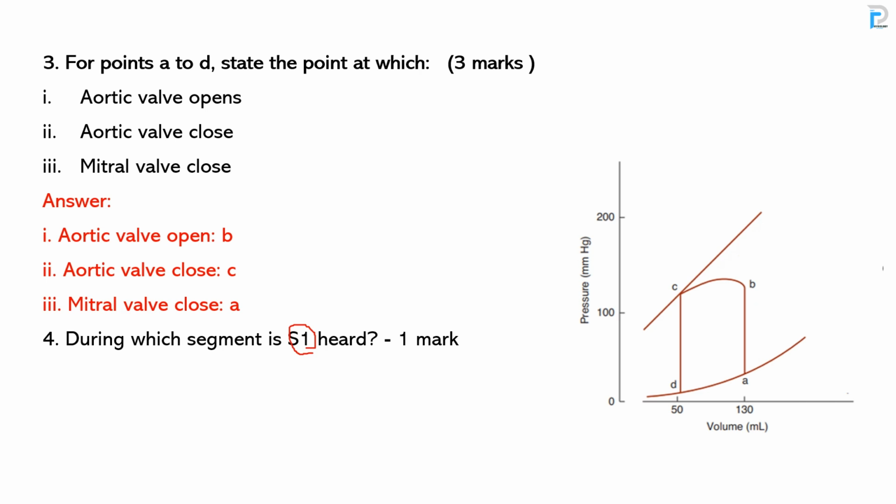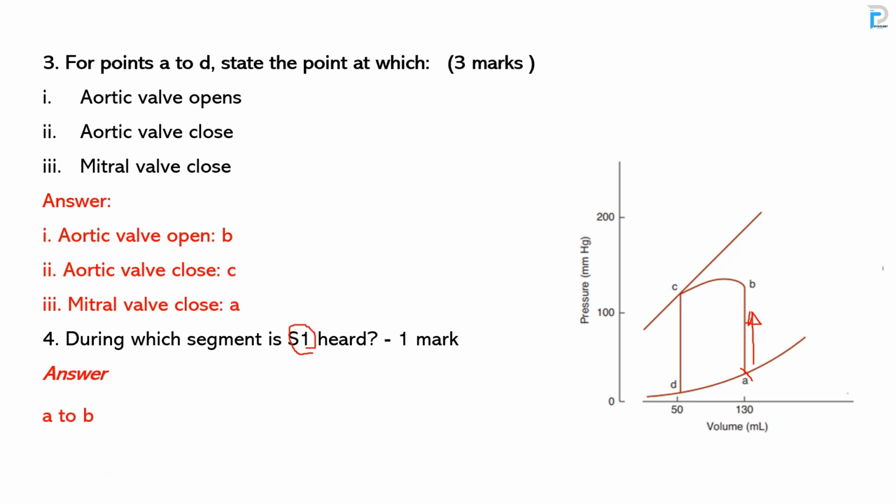So we need to know at which segment of this loop the first heart sound, caused by closure of the mitral and tricuspid valves, will be heard. Just now I mentioned the mitral valve is closing here. So that causes the sound to be heard during this phase, which is the isovolumetric contraction phase.